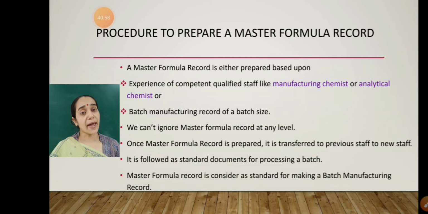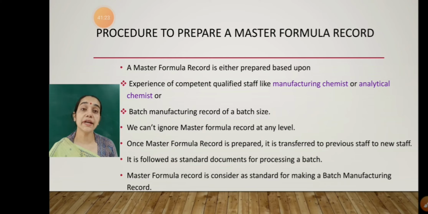Means if a batch has been manufactured for a particular product, then depending upon that experience, the manufacturing chemist and analyst will prepare a master formula record. Or they may not have prepared a batch, but they have experience of handling these kinds of situations, how the product will be manufactured and how the quality control tests will be done.